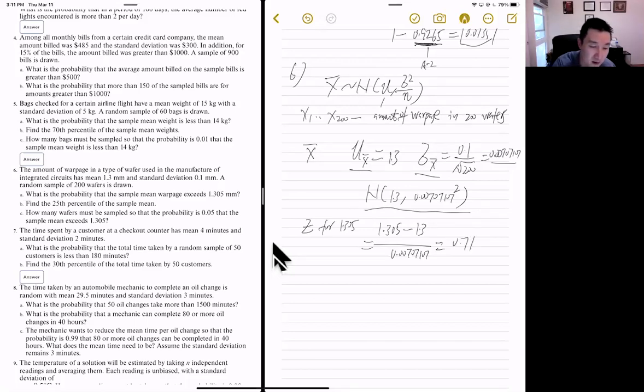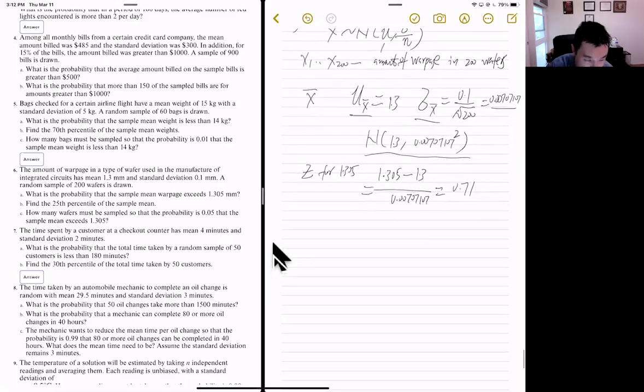All right, so the question is asking to exceed 1.305, so more than 1.305. So the area should be the right of Z. To the right of Z of 0.71 is 1 minus 0.7611. Again, this is from table 8.2. So that is the answer, 23.89%.